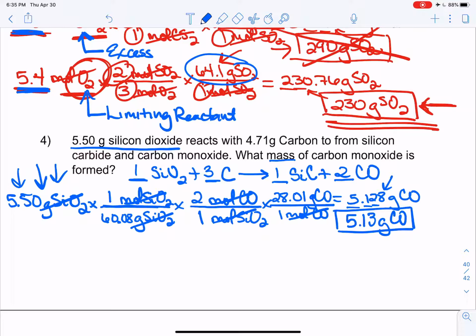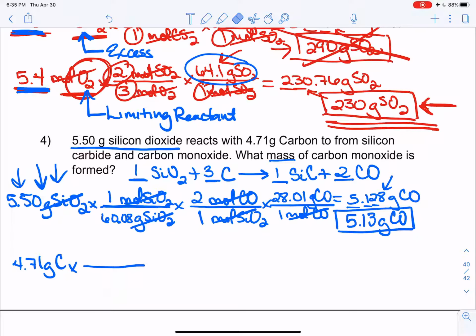But we have to figure out how much carbon monoxide we can make with the amount of carbon that we have. So we'll go ahead and do the math for that one. So we have 4.71 grams of carbon, and we need to get the molar mass for carbon. Oops, that's grams of carbon down there.